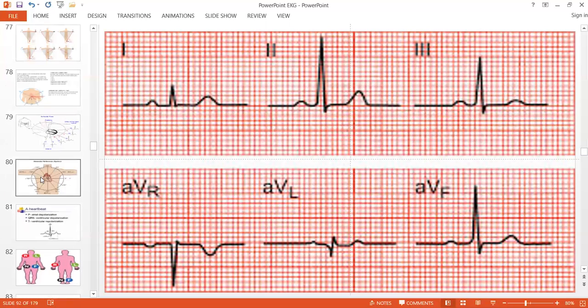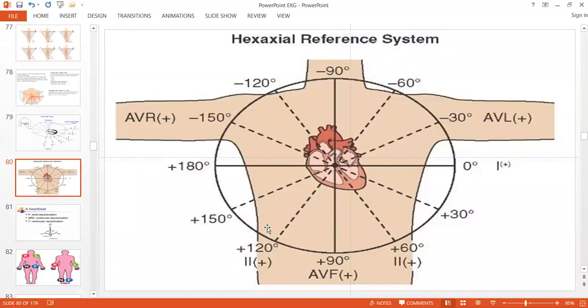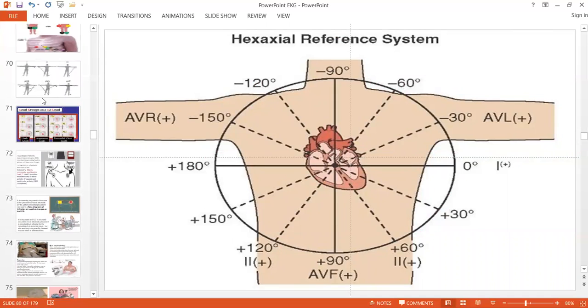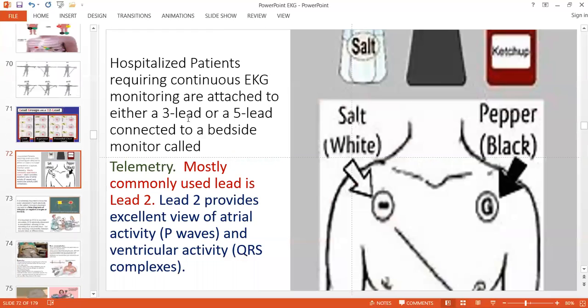This is what the hexaxial reference system looks like. Here we have AVL, AVF, and AVR, and leads 1 and 2. Now for the leads involved in continuous monitoring.